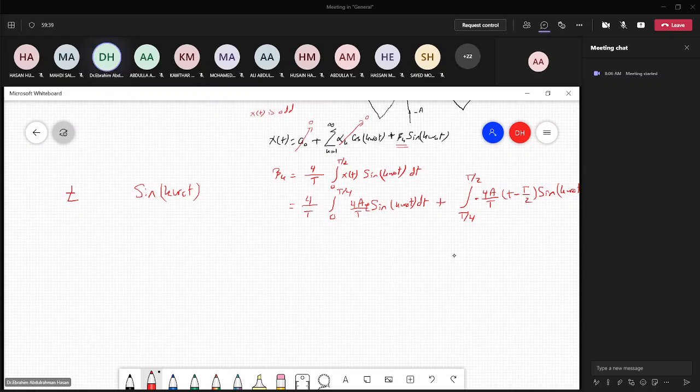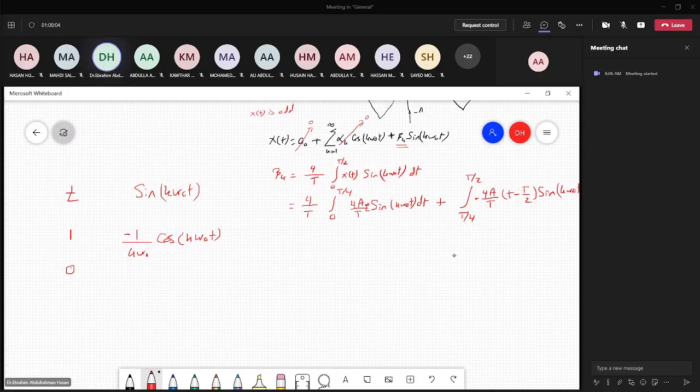Okay, so here we use differentiation, so it becomes 1. Then second, it becomes 0. Here we use integration. So this is sine k omega naught t. Then integration, it becomes cosine k omega naught t divided by, with respect to t, k omega naught with a minus.